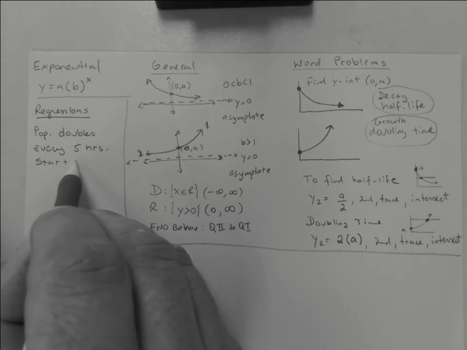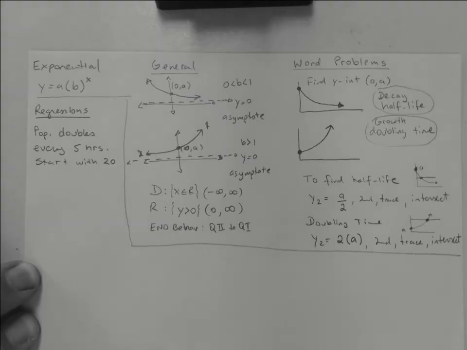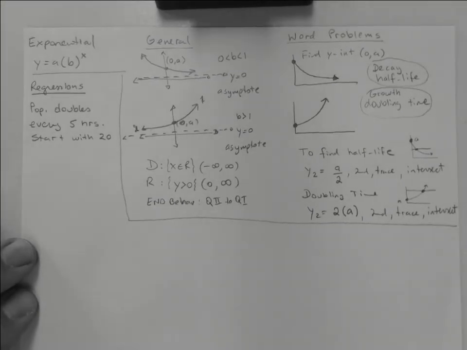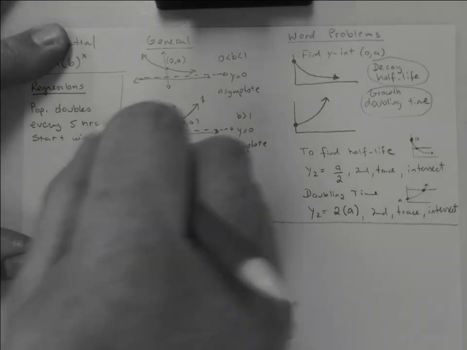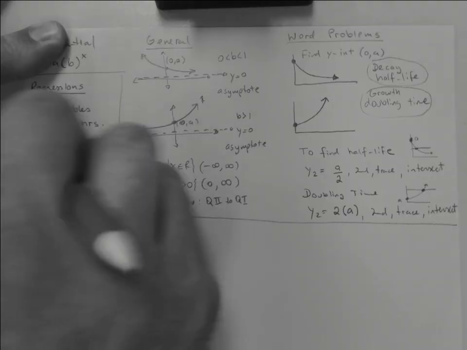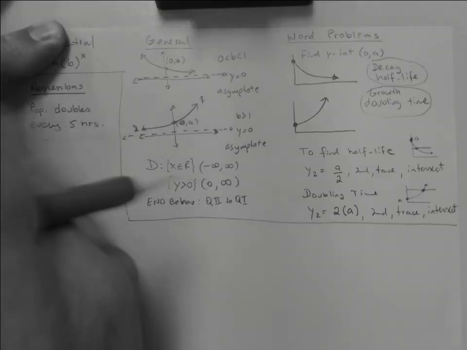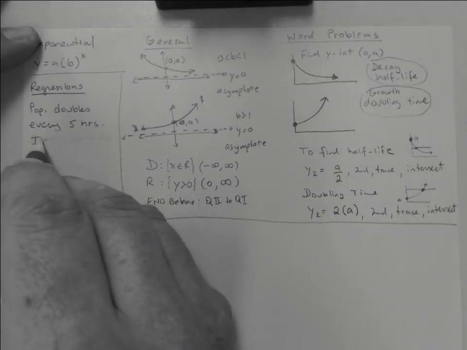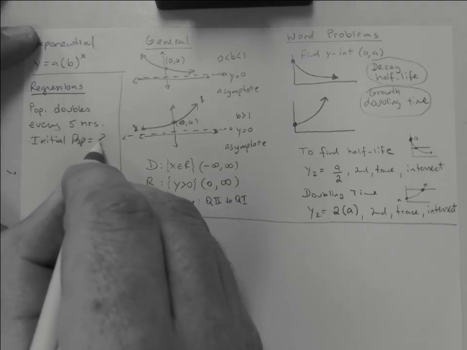Start with, you know, 20, let's say. You know what? You're gonna say, oh, the question says start with 20. Start with 20 every time. Not true. Let's do initial population. Initial population, let's go 20.